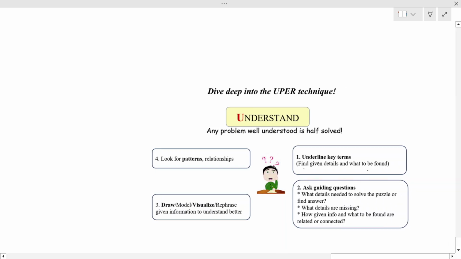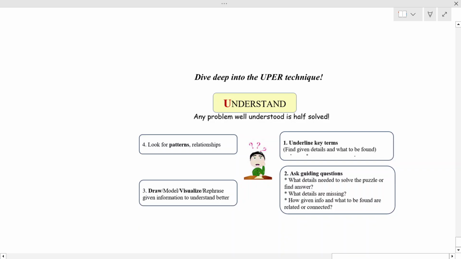There are four small steps that can help you understand a problem better, which will also help you see that this is not a very tough or challenging problem, and you don't have to wonder how to start working with it. So let's follow that. Underline the key terms given in the question and then ask yourself some guiding questions, which will help you work on a problem.